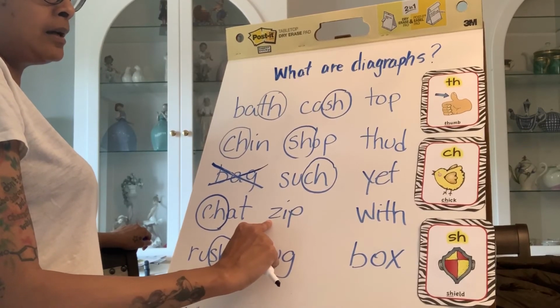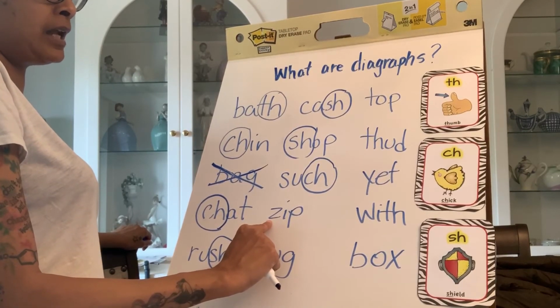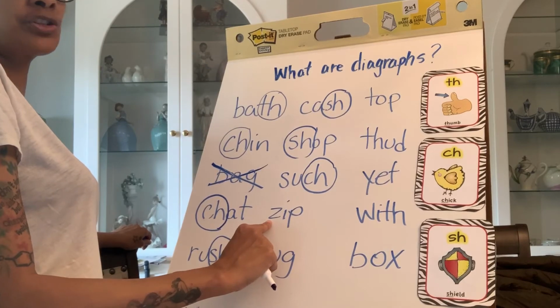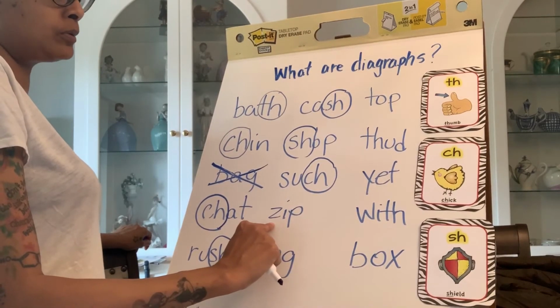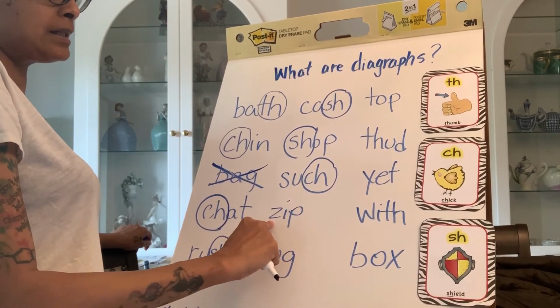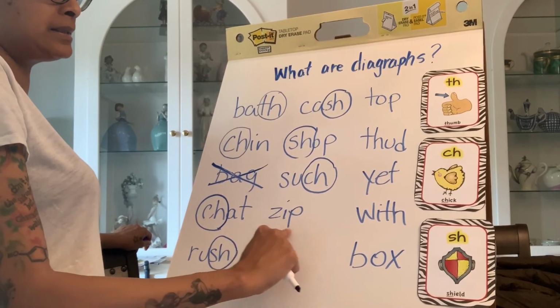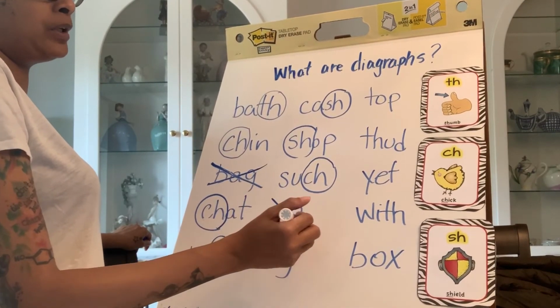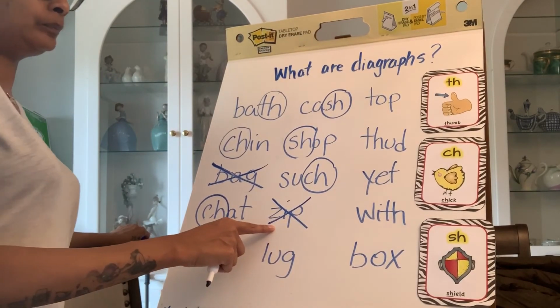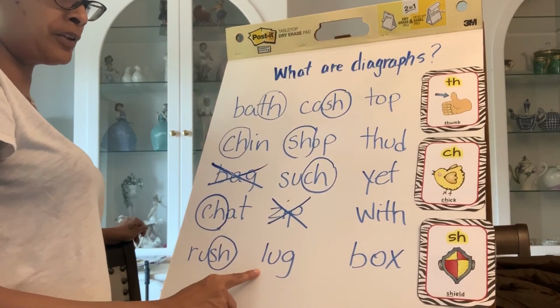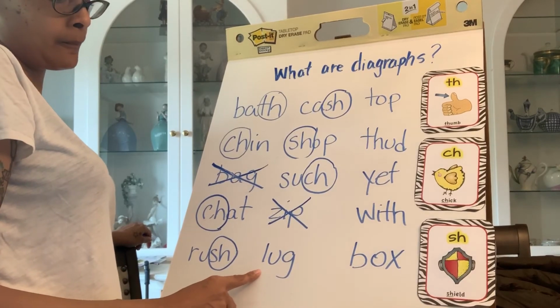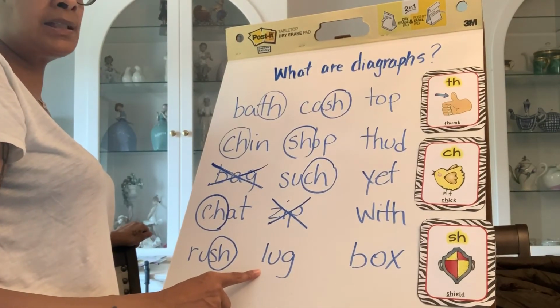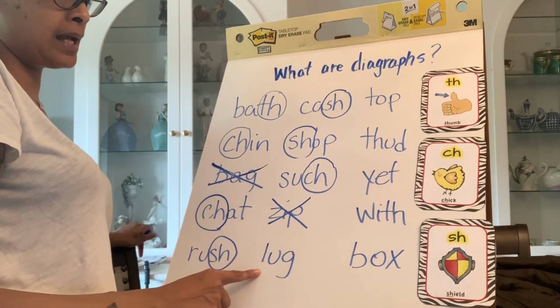Let's look at the next word. Do we see a digraph? TH, CH, or SH? No, we don't. We could sound it out. Z, I, P, zip. This would not be a word with a digraph in it. How about the next word? We don't have a TH, a CH, or an SH.